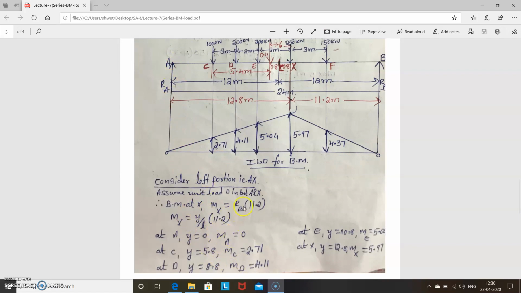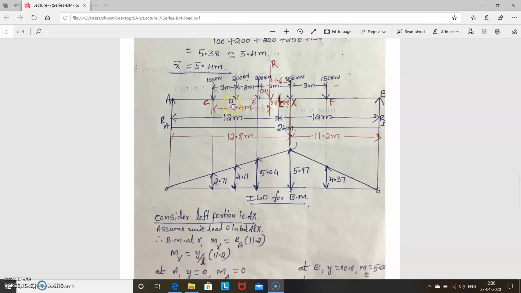So if you substitute in this, you get MA is equal to 0. So next point at C. What is C here? This I didn't mark here. Actually that is full from here to here. It is 12.8, right? 12.8 minus 3 minus 2 minus 2.